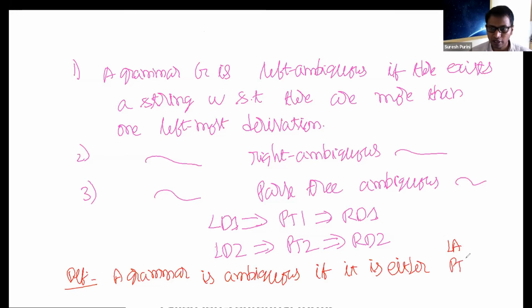I'm using shorthands. LA stands for left ambiguity, PTA stands for parse tree ambiguity, and RA stands for right ambiguity. So this is the definition of ambiguity for a grammar.